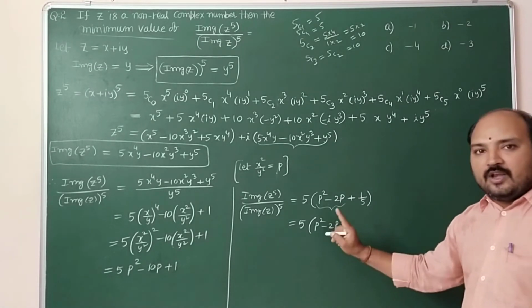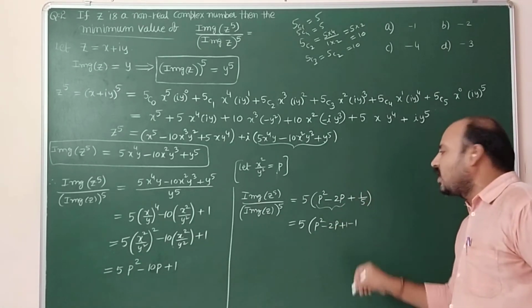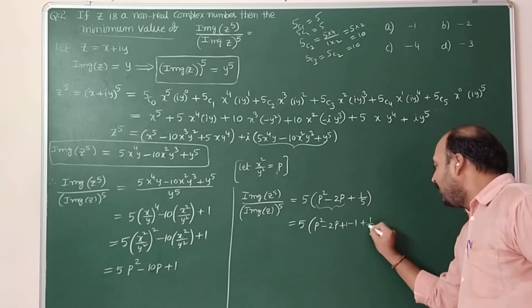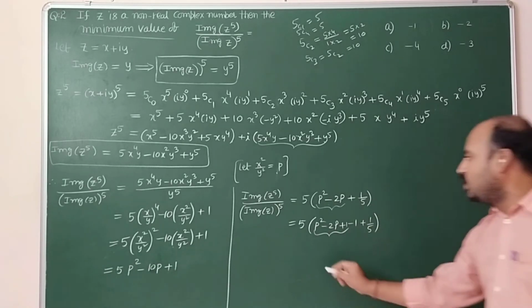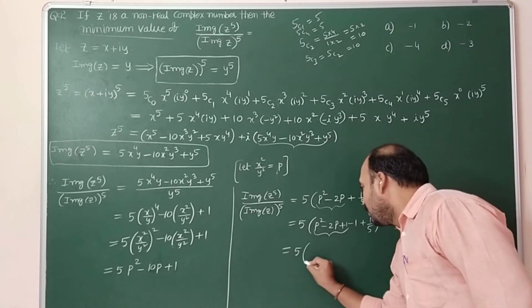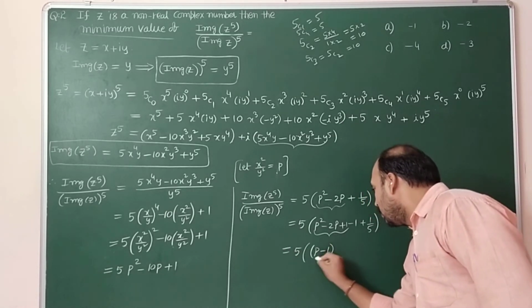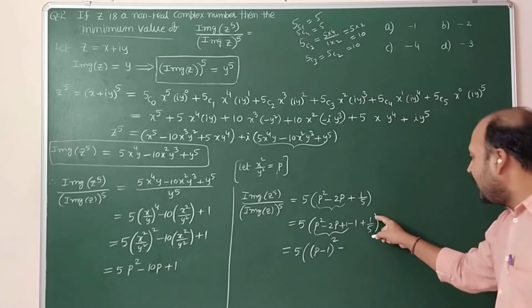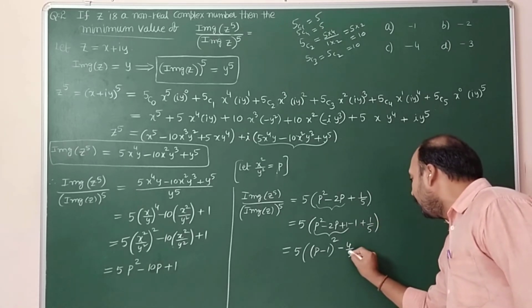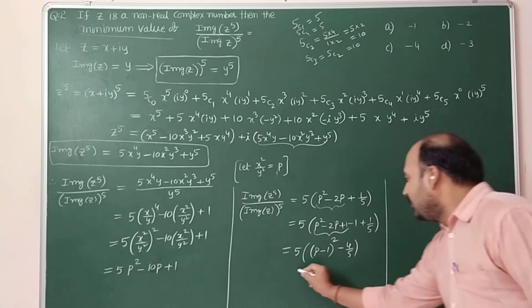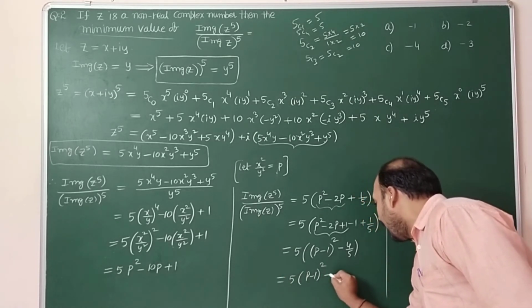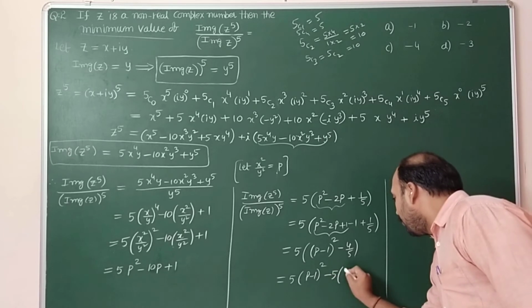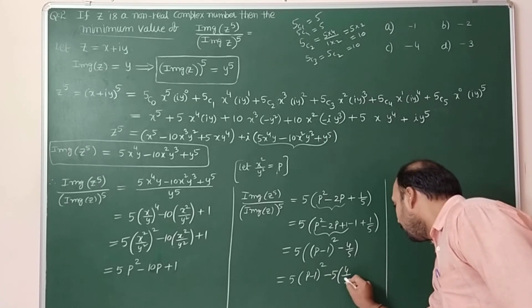Half of 2 is 1, 1 square. We are adding and subtracting 1, plus 1 by 5. So p square minus 2p plus 1 is the expansion of p minus 1 whole square minus 1, plus 1 by 5, so minus 4 by 5, which is equal to 5 into p minus 1 whole square minus 5 into 4 by 5.